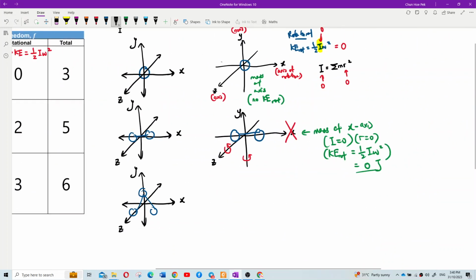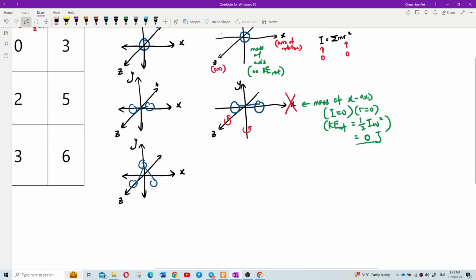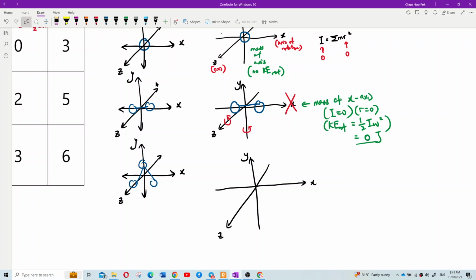Let me draw it out. X, Y, Z. So you see, polyatomic, it can rotate around.